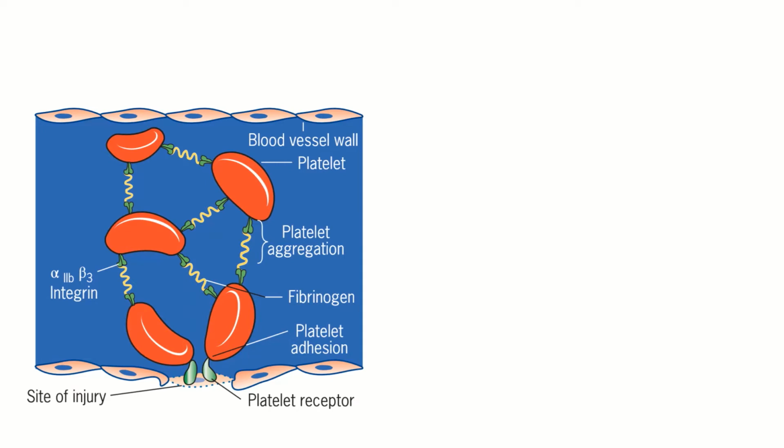Here we can see how the integrins on the surface of red blood cells help in the attachment of one red blood cell to another. As we see here, the integrins catch and hold onto fibrinogen, this squiggly fiber in between the red blood cells. This is triggered when there is an injury. There is a signal from the injured site, and it causes the red blood cells in the vicinity to activate these integrins.